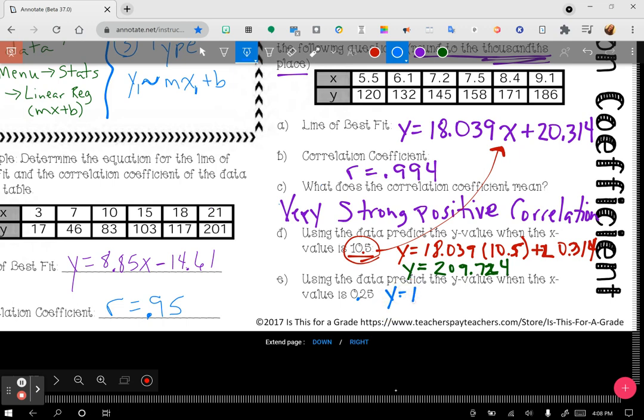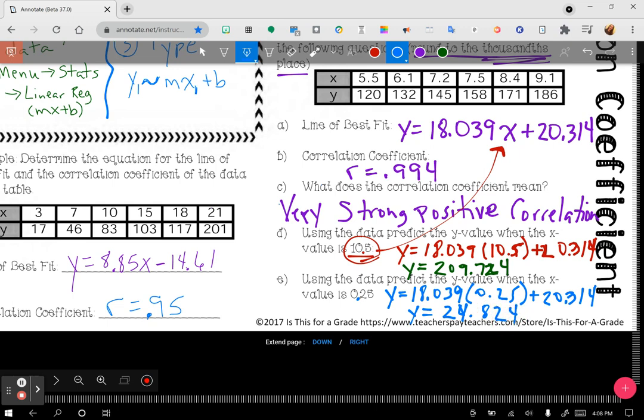So y equals 18.039 times 0.25 plus 20.314. So y equals, in this case, 24.824.